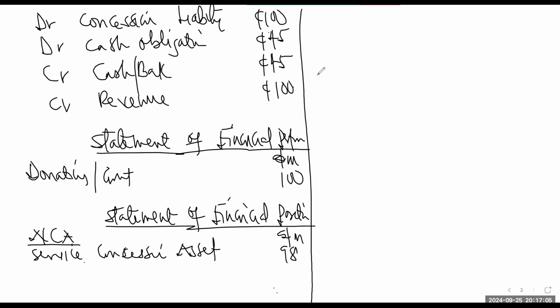Yes, 980. So in our non-current liabilities, we have the cash obligation, which is a liability. That will now be 450 minus 45, which is 405. Then we come to the service concession liability.